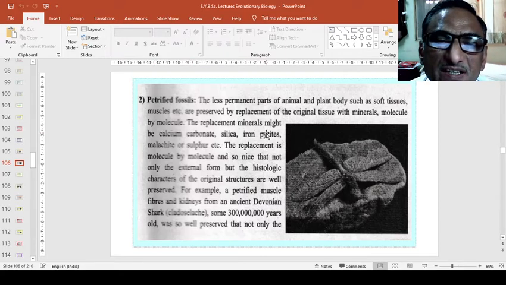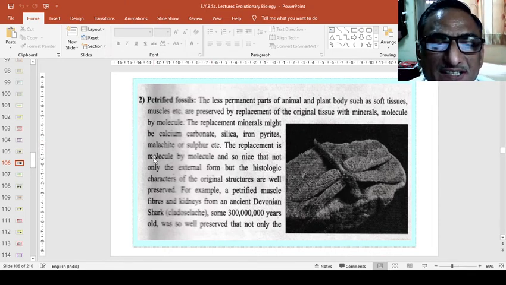The replacement minerals might be calcium carbonate, silica, iron pyrites, malachite, or sulfur, etc. And the replacement is molecule by molecule, and so nice that not only the external form but the histologic characters of the original structure are well preserved. For example, a petrified muscle fiber and kidneys from an ancient Devonian shark.